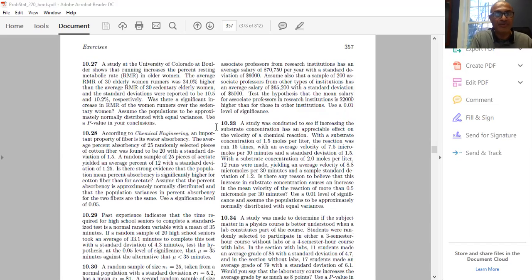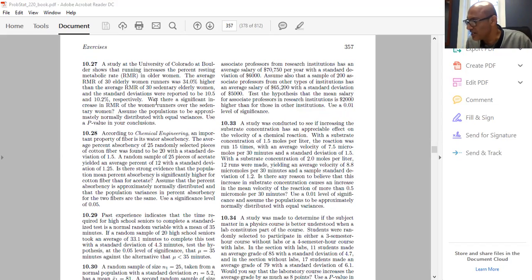Let's go for 10.27, because this is an example of two samples and unknown variance, but I think they look equal, though I have to make sure. This is the last example of the syllabus of our course, and I would like to stop at that point.